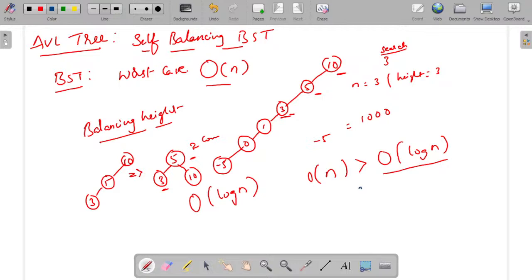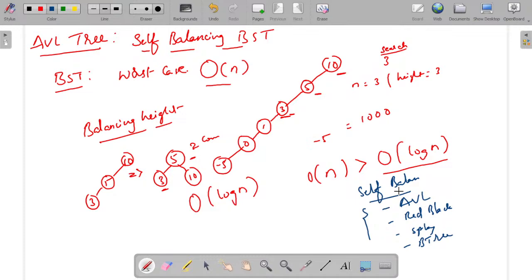Among self-balancing trees, we have the AVL tree, and then we have different trees like the red black tree, and also the splay tree and the B tree. These are all the trees which are said to be self-balancing binary search trees, and this is why we are going to go with AVL trees.